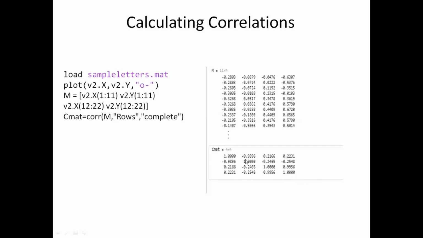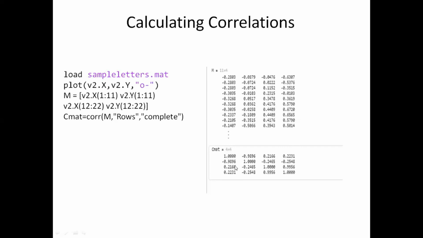Now coming to the other elements, this one, -0.9896, shows the correlation between the first column and the second column. It is not row, it is column. 0.2166 is the correlation between the first column and the third column, and 0.2231 is the correlation between the first column and the fourth column.